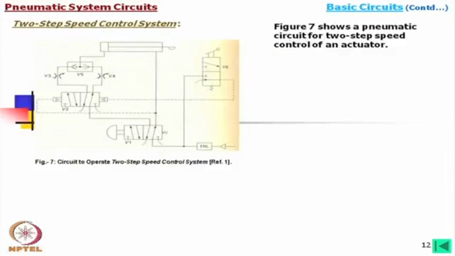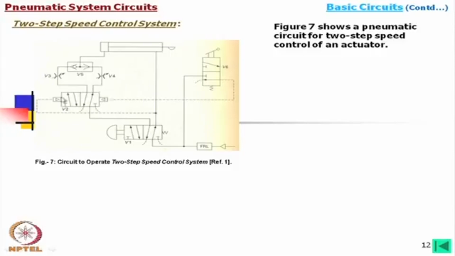Similarly, we can think of another circuit, which is a two step speed control system. In this case, there is also a limit switch, and this is the cylinder, and at this stage we find one shuttle valve with two needle valves or throttle valves, or so-called flow control valves.